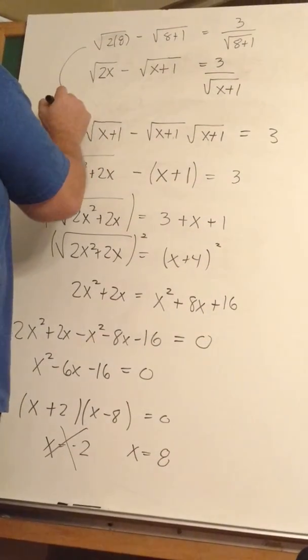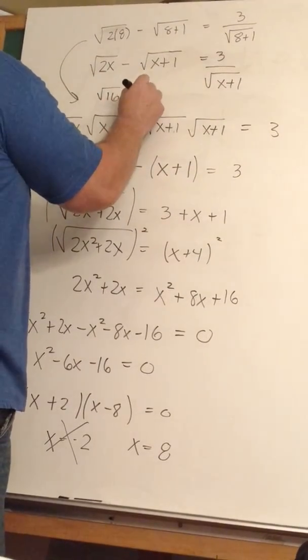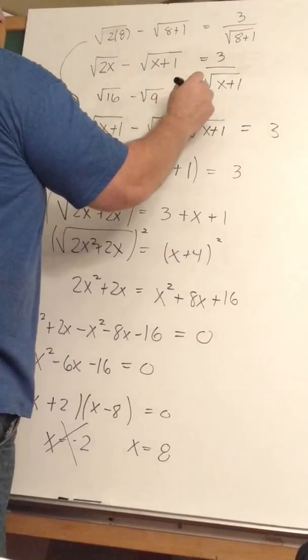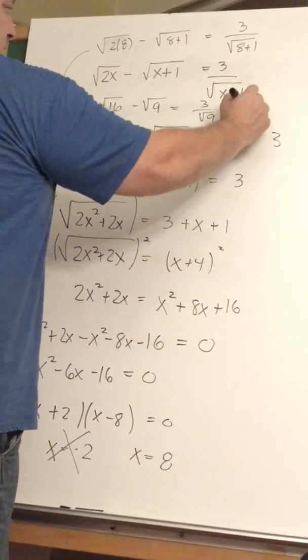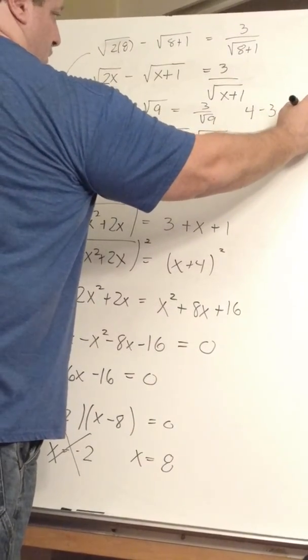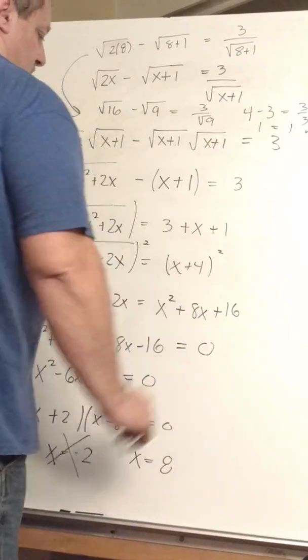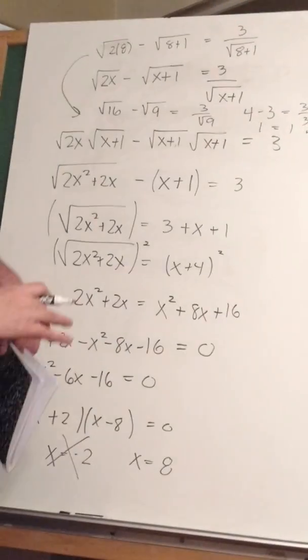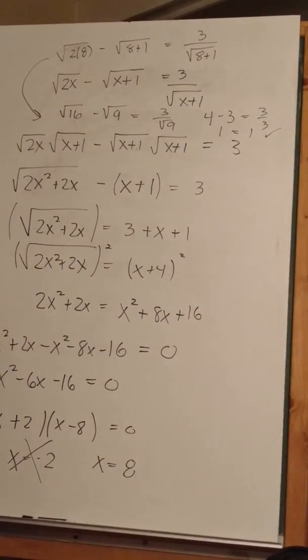I'm cheating here a little bit. That's going to be the square root of 16 minus the square root of 9 equals 3 over the square root of 9. Well, that's 4 minus 3 equals 3 over 3, or 1 equals 1. That checks. I ran out of room, so that got a little sloppy. Okay? What do you want us to do on this?